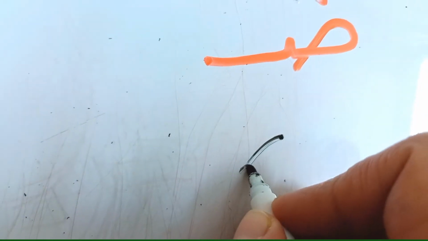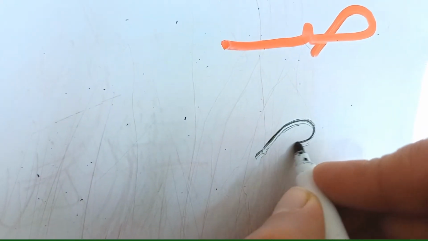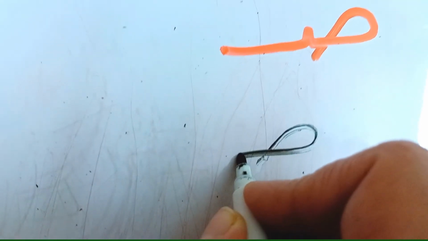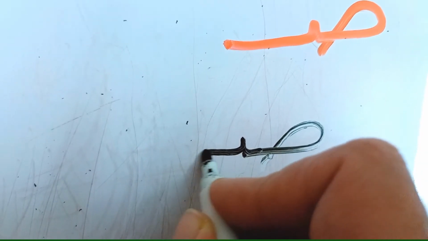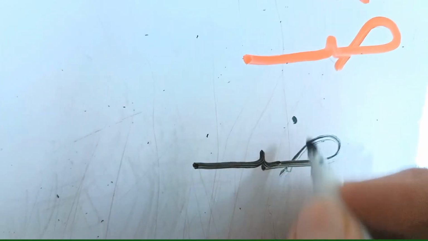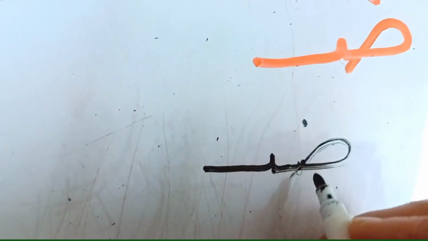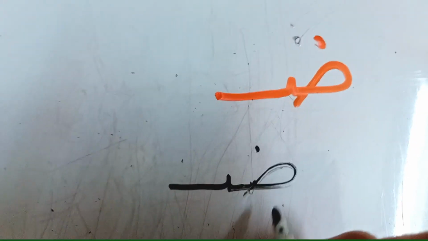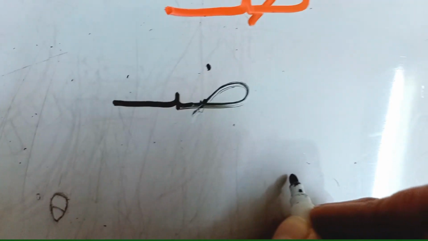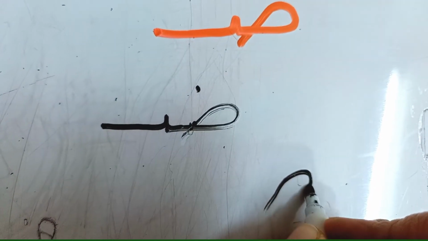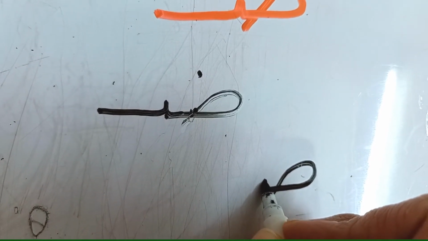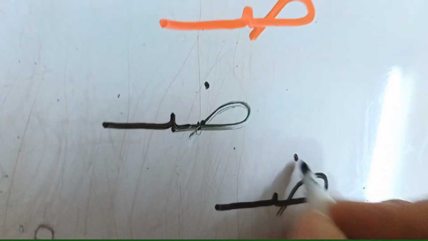The letter Dod when it comes at the beginning of the word. Semi-oval, then a dash. It is like the letter Sod, but with a dot above it. A semi-oval, then a dash, then the line.